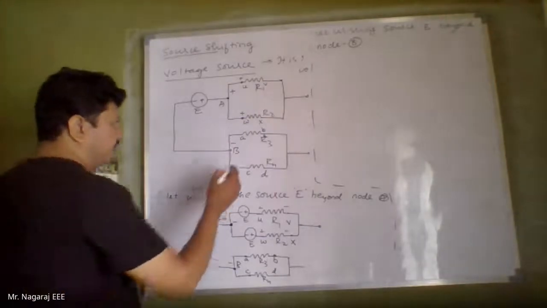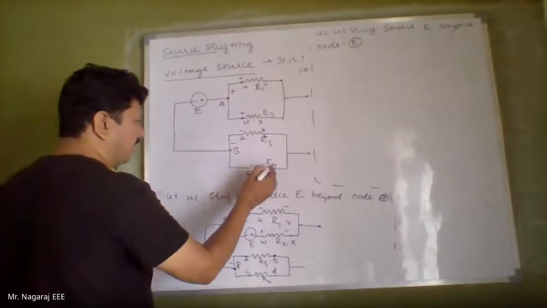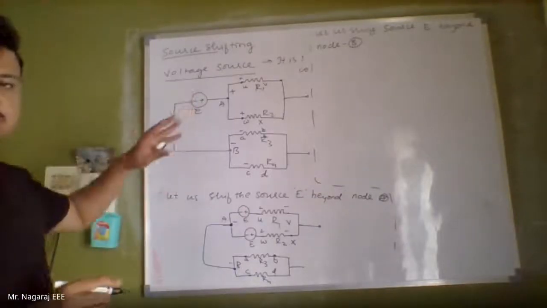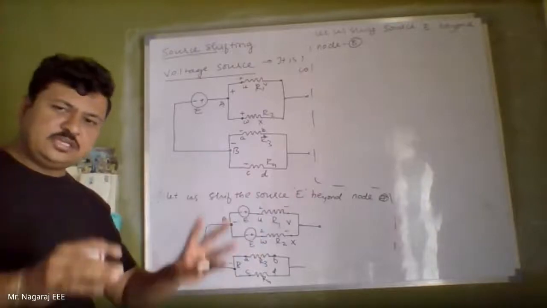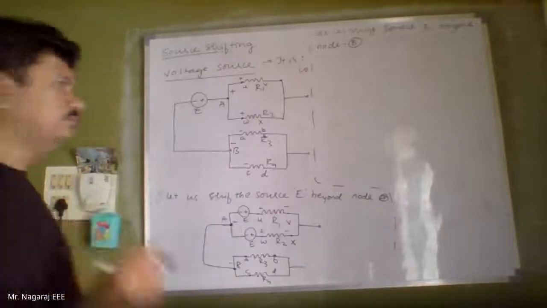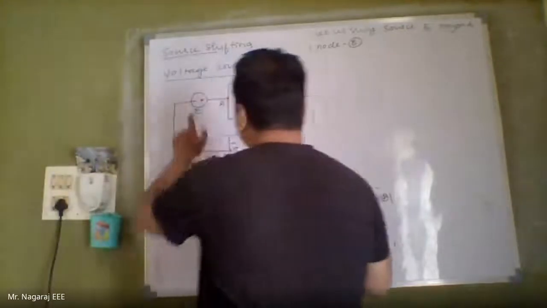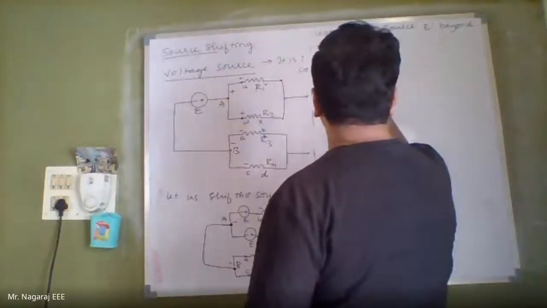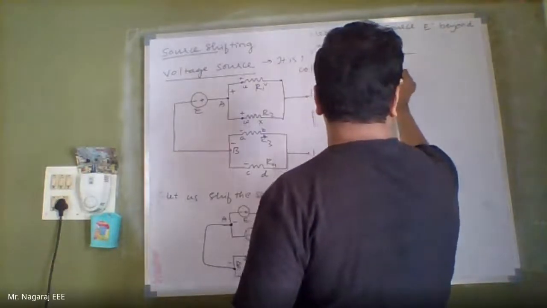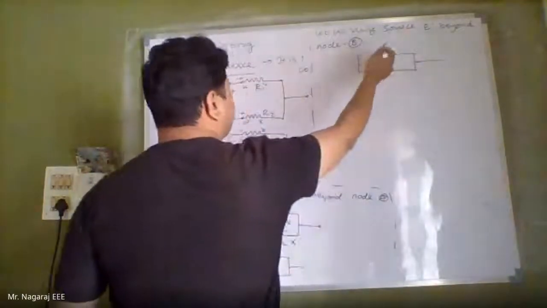Now look here. The polarity of R3 with terminal A is negative. Polarity of R4 with terminal C is negative. Then I should be shifting the source beyond node B in such a way that the polarity of terminal A and terminal C will be negative. And observe the polarity of node A is positive with the original connection. I will not write terminals for R1, R2.